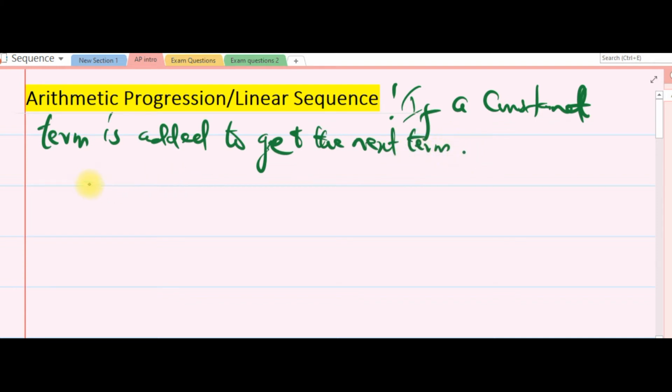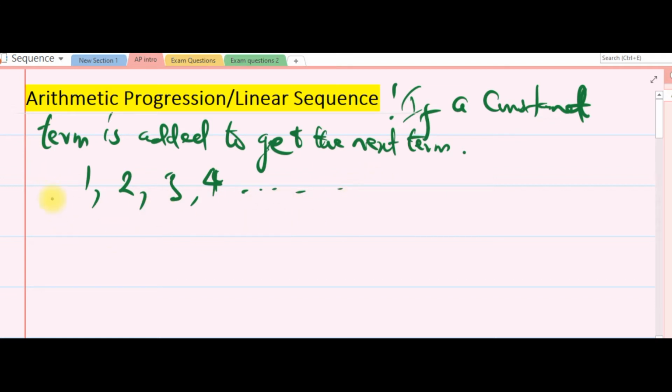So 1, 2, 3, 4 is a linear sequence because you keep on adding the same thing, 1, 1, 1, to get the next term.